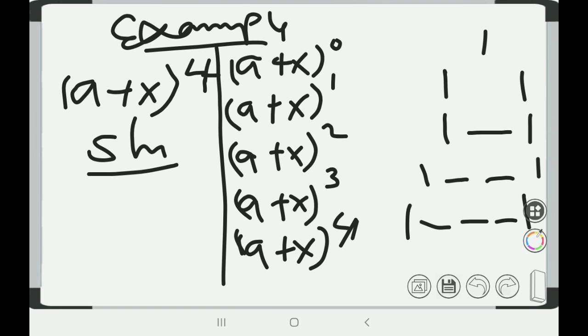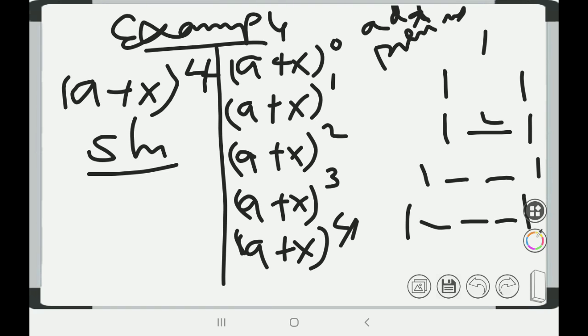So let's now come back to filling the Pascal triangle. So this is 1, this is 2. To fill in the middle, we add the previous coefficients. So we have 1 plus 1 to make 2.